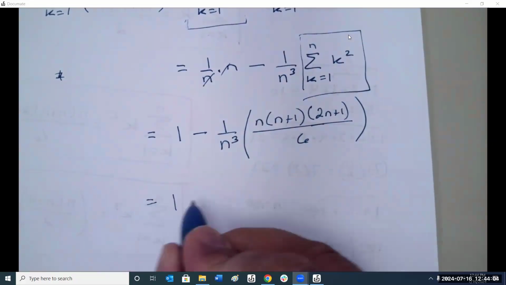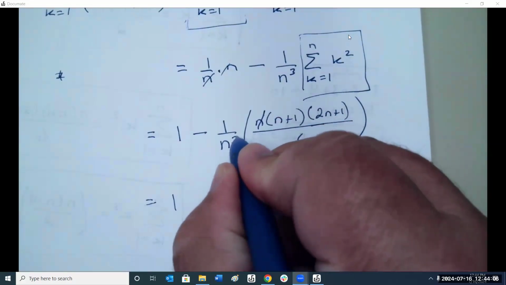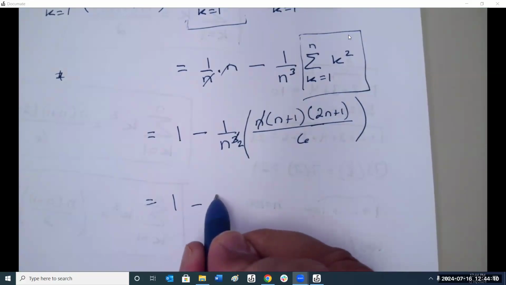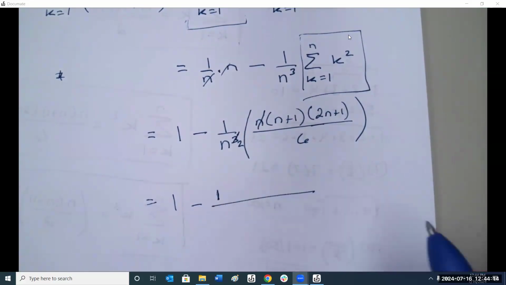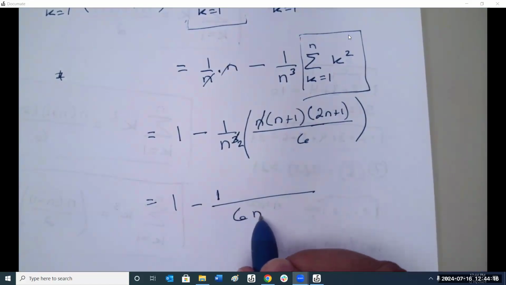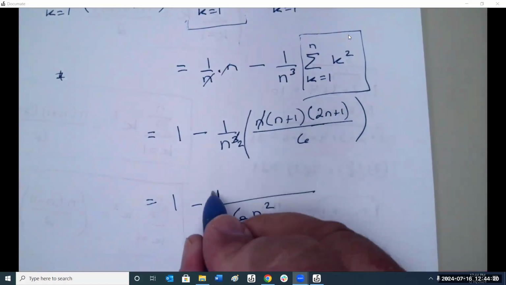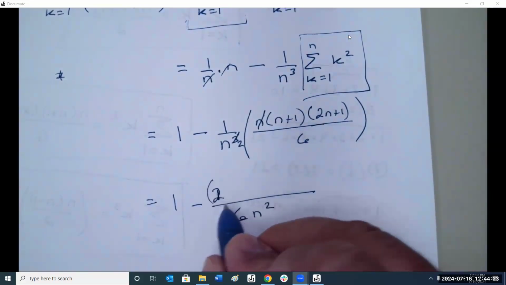Okay, so what can we do now? This n and one of these can cancel. We have 6n squared on the bottom. We can go ahead and multiply this out.